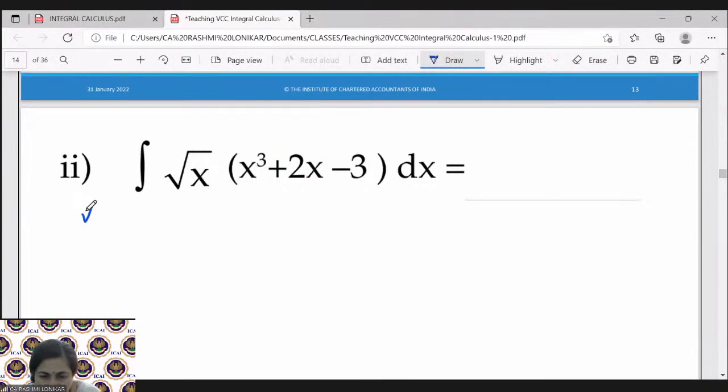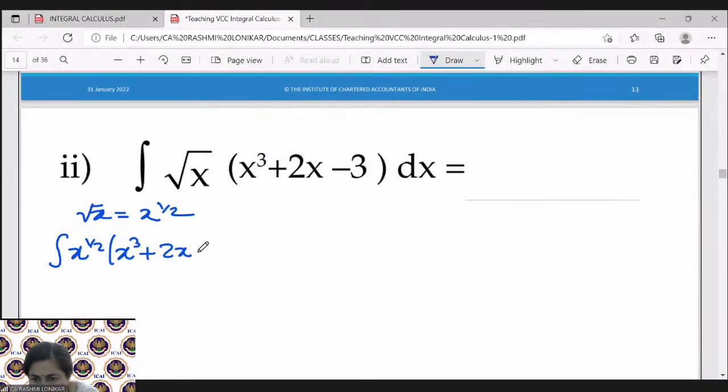Now root x can be written as x raised to half. So this is equal to integration of x raised to half into x cube plus 2x minus 3 dx. Now I am going to expand. For each term inside the bracket, I am going to multiply by x raised to half.